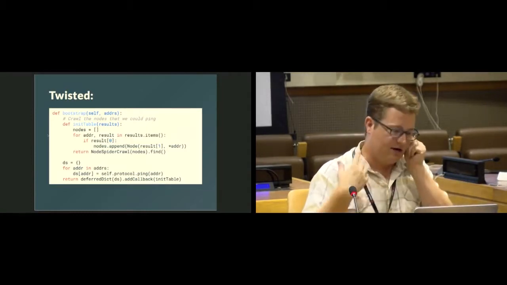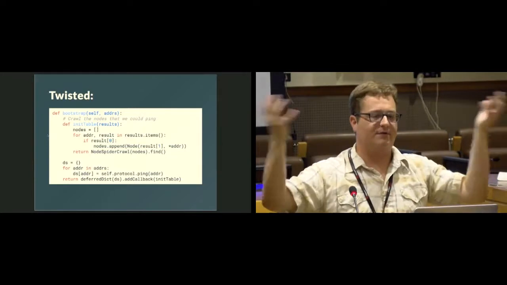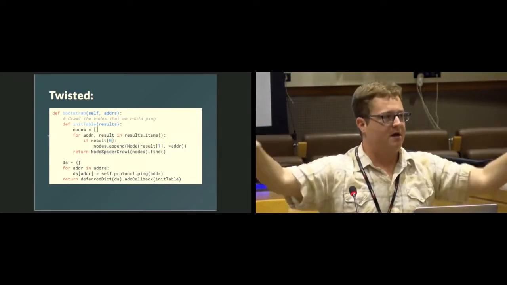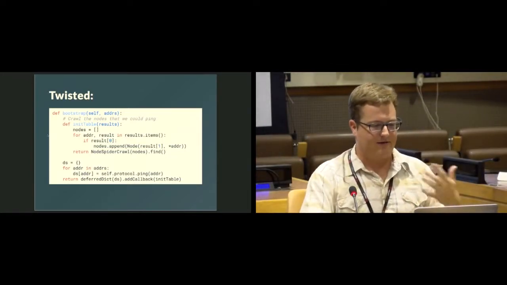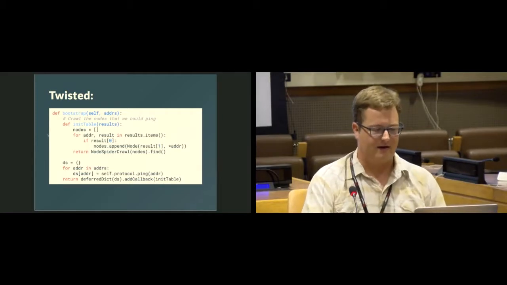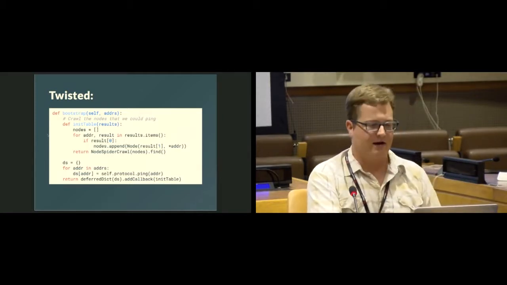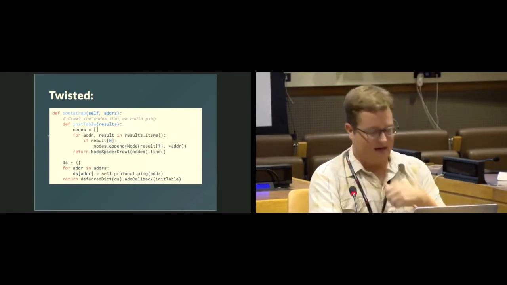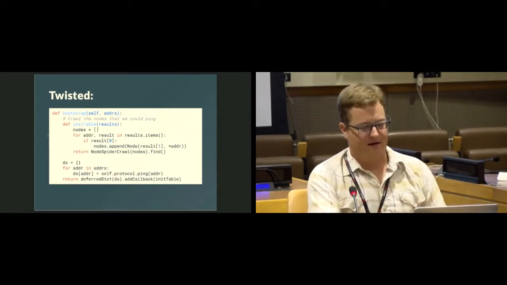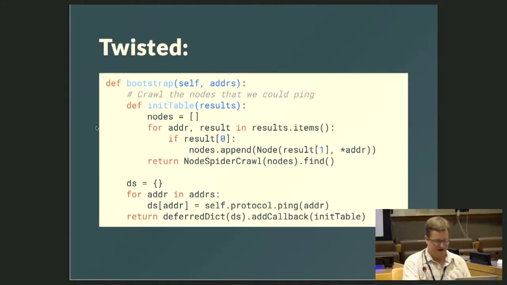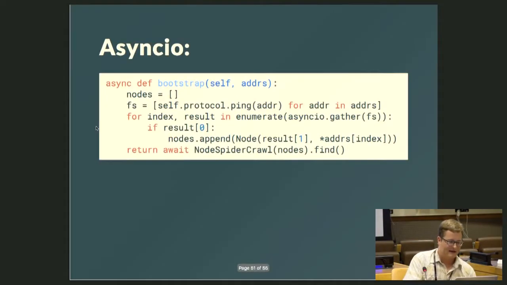In this case, I had to ping all of them, and then I get some results back, and then I can actually start crawling them. And so I had this internal def that I created. It looks ugly, and it could have been done with an inline callback and then maybe another method, but defs inside of defs are just kind of gross looking.